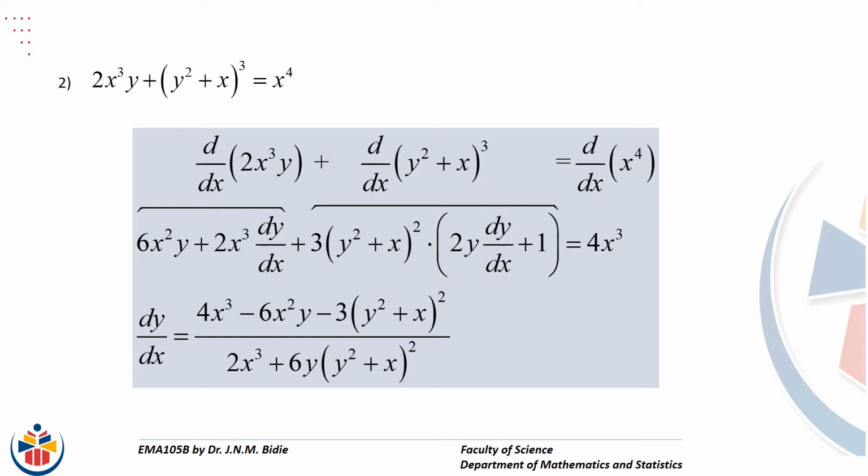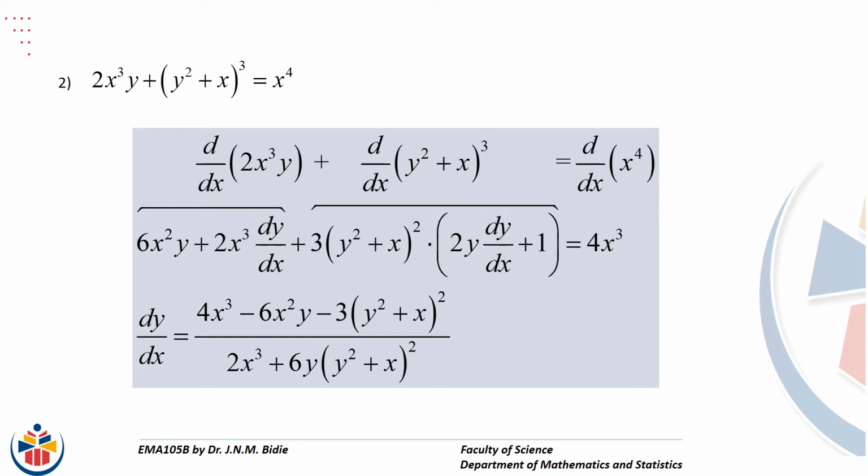Then we go inside and find the derivative of y squared plus x, which gives us 2y times the derivative of y with respect to x, because y is a function of x, therefore we use the chain rule, and also plus the derivative of x, which we know is 1. And then on the right hand side, the derivative of x to the power 4 gives us 4x cubed.